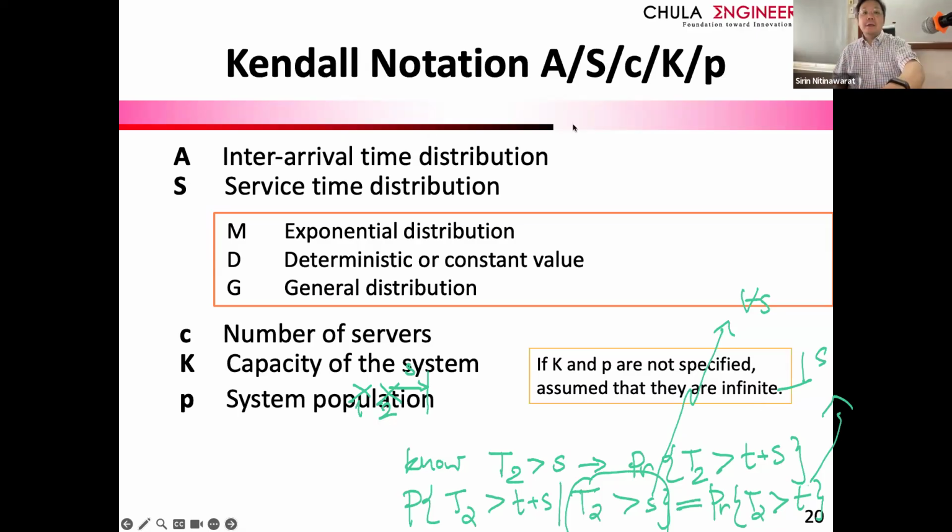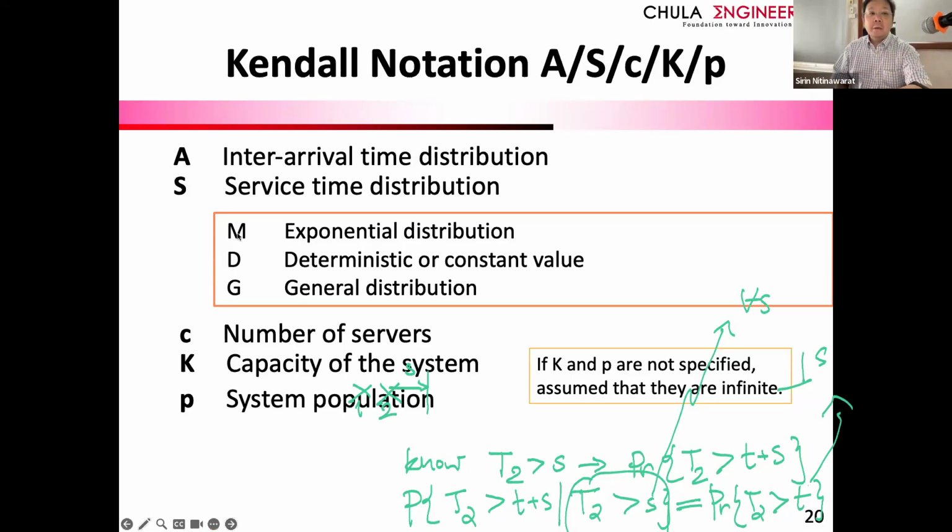For arrival and service mechanism, we talk, very importantly, about memoryless distribution, right? For example, the inter-arrival time of a Poisson process. For the service mechanism, if you consider the service time being distributed exponentially, it is also memoryless, right?